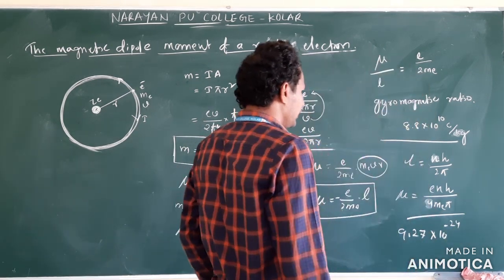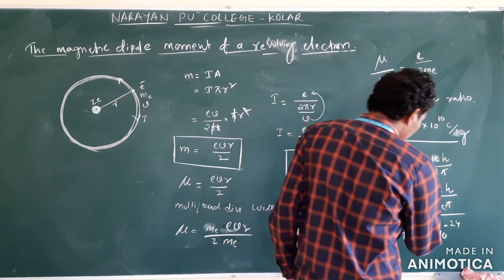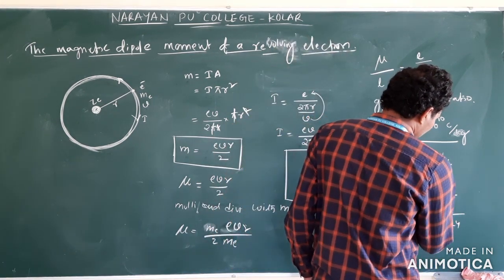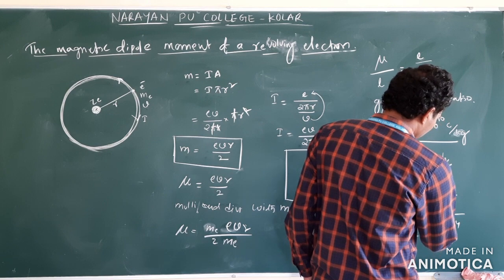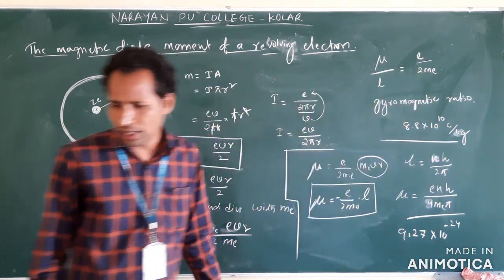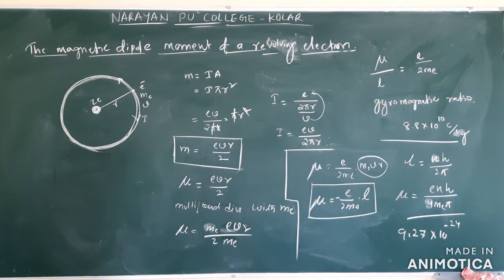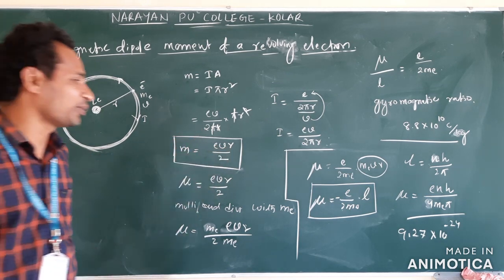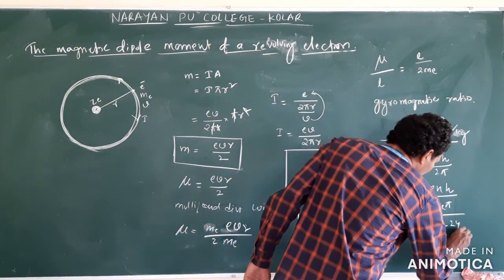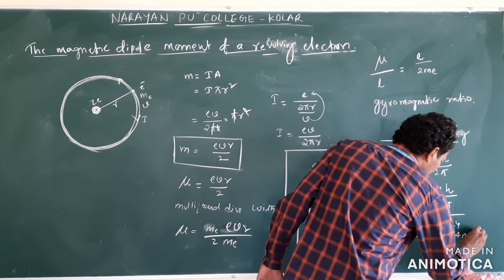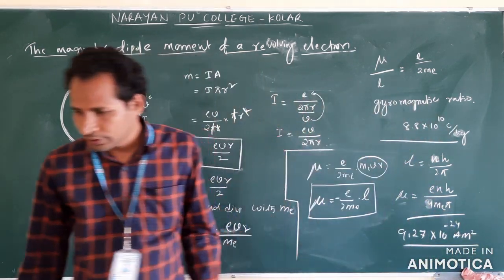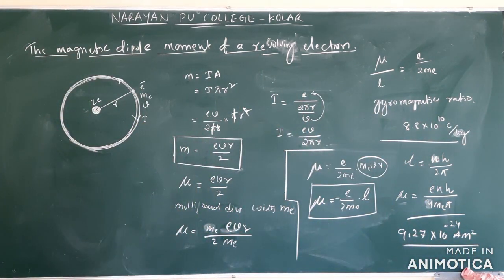If you write the units, you can write again the same e by m h, and all units are ampere meter square. Understand? Okay?